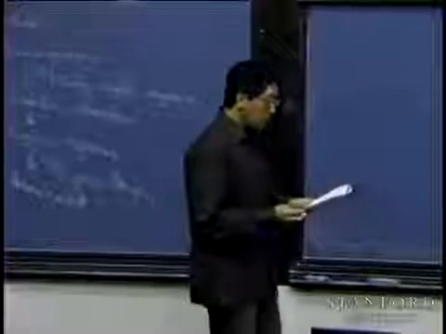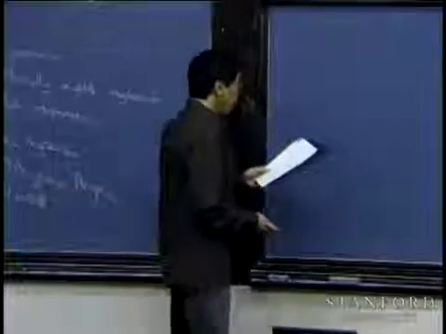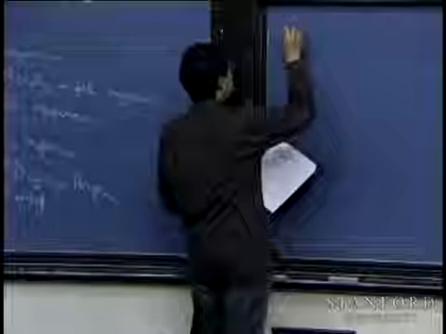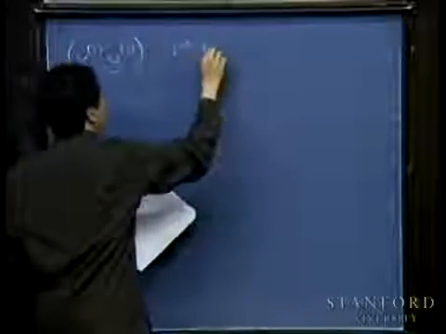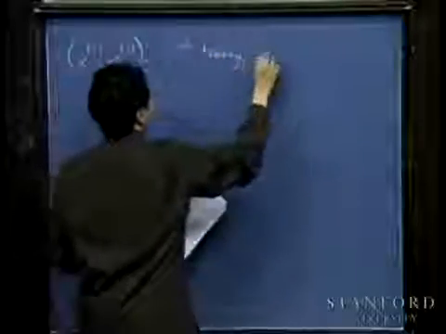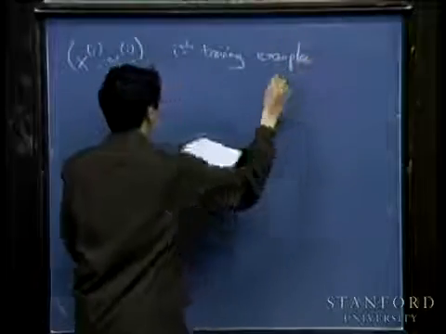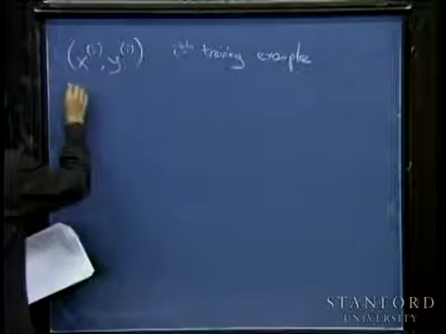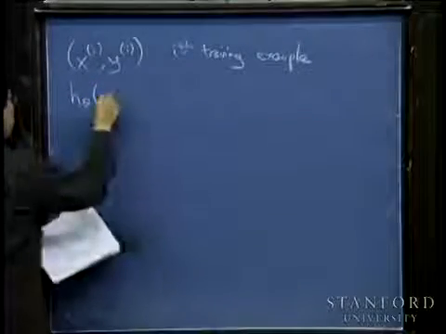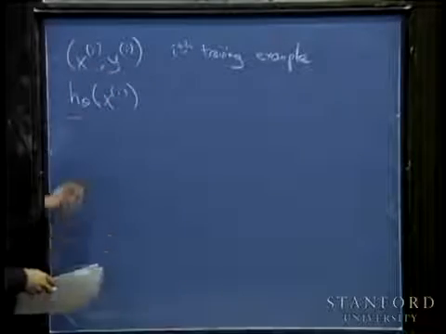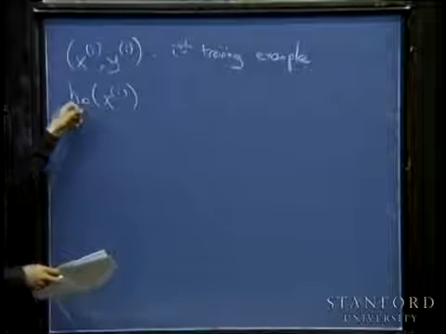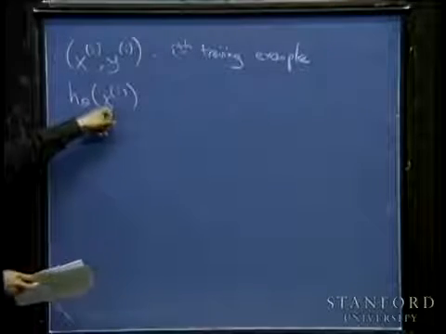So let's just recap what we talked about in the previous lecture. Remember the notation I defined: I used x superscript i, y superscript i to denote the ith training example. When we're talking about linear regression or ordinary least squares, we use h of x^i to denote the predicted value output by my hypothesis h on the input x^i.